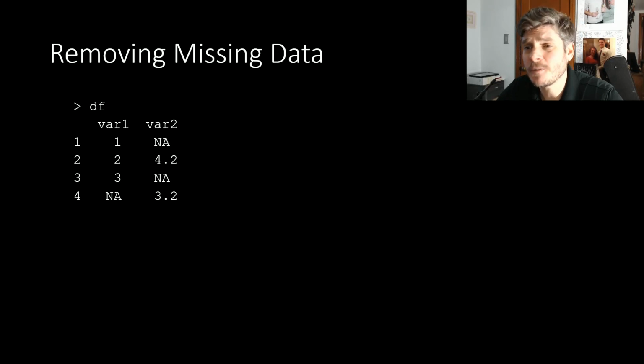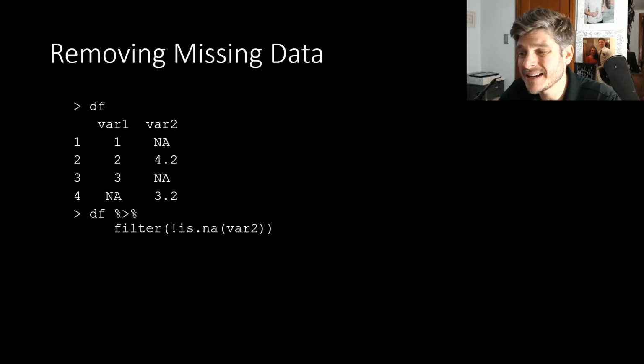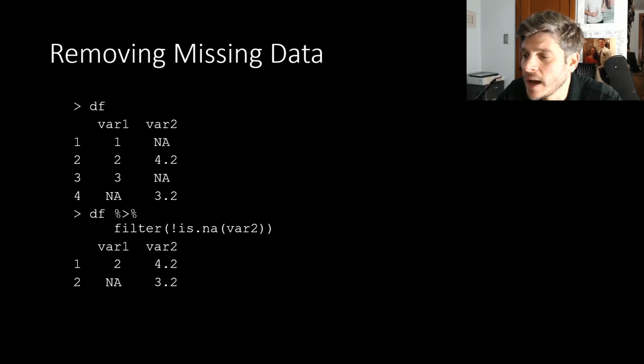So let's go back to that same data frame. Again, we have two variables, 4 observations. And if I take my data frame and I pipe it into my filter function, and I use my is.na, or I should say not is.na, and I do it for variable 2, now it's going to go through my data frame, and it's going to say, well, let's see, we go row by row, and in this case, I'm going to have 2 entries left over.